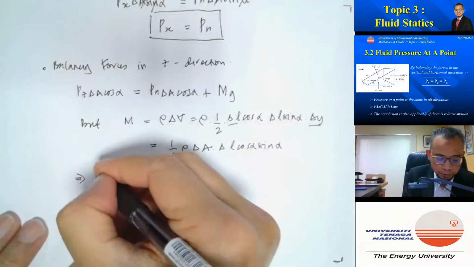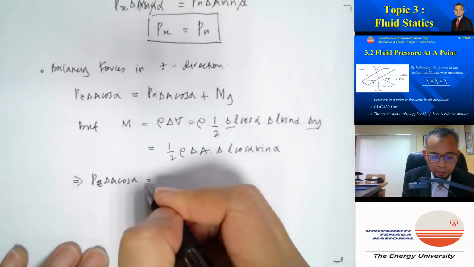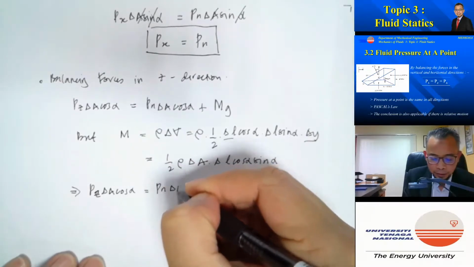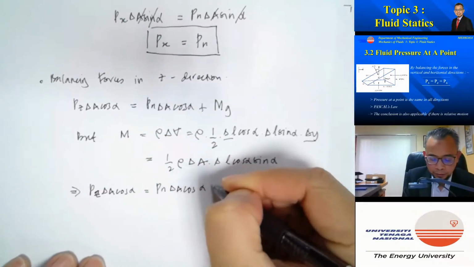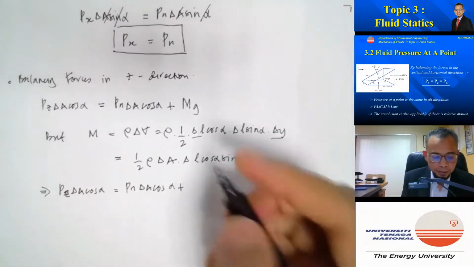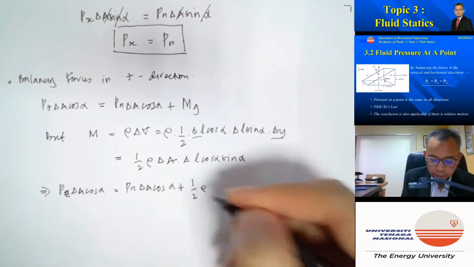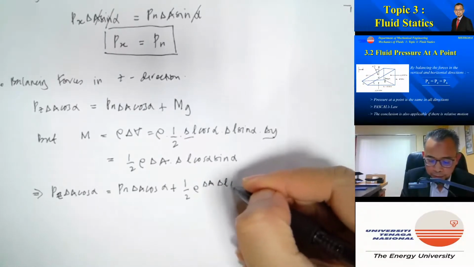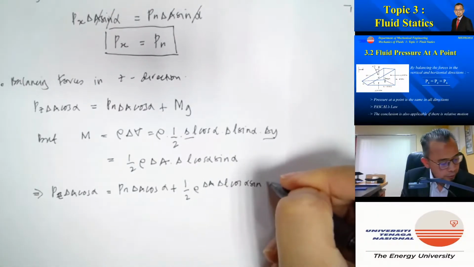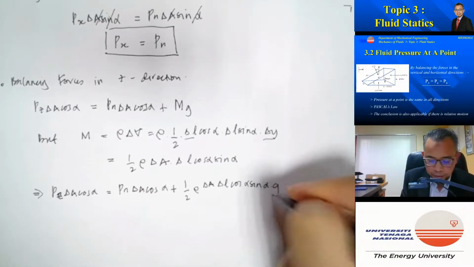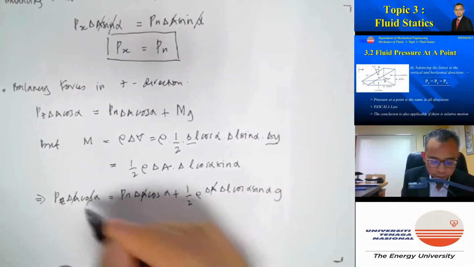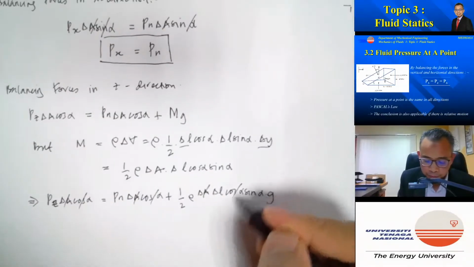So we have Pz delta A cos alpha must be equal to Pn delta A cos alpha plus half rho delta A delta L cos alpha sine alpha times g. So delta A will cancel, cos alpha will cancel.